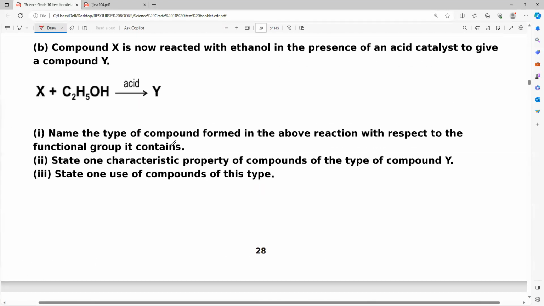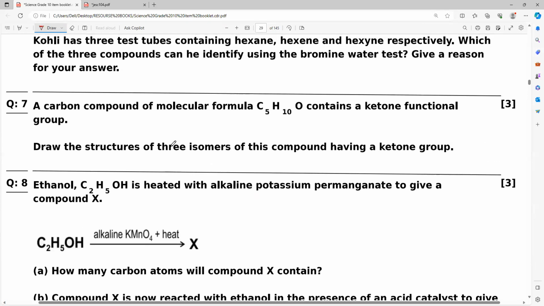Which question is it, Hari? Question number 7, I think. C5H10O contains a ketone as a functional group. They asked to draw the structures of 3 isomers of this compound having a ketone group. And as I said, for the same chemical formula we can get another one.